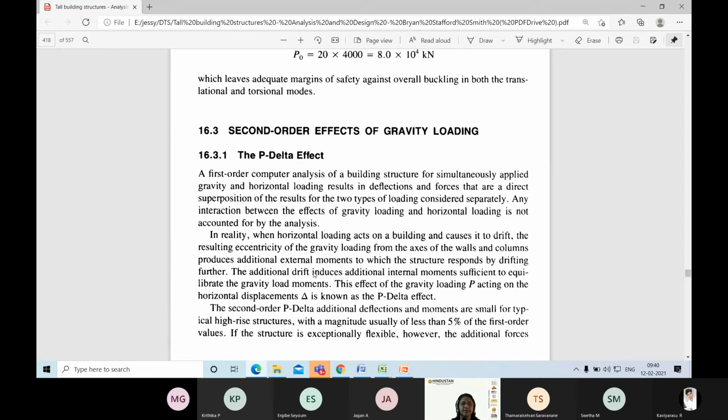This additional drift induces additional internal moments sufficient to equilibrate the gravity load moments. This effect of the gravity loading P acting on the horizontal displacement delta is known as the P delta effect. I hope it is clear to you.